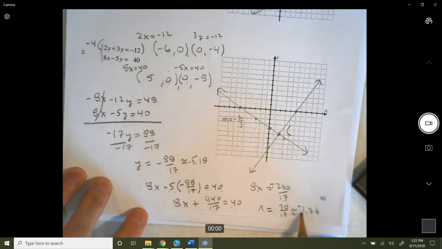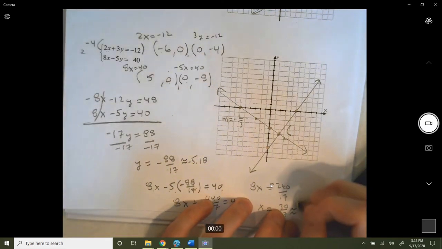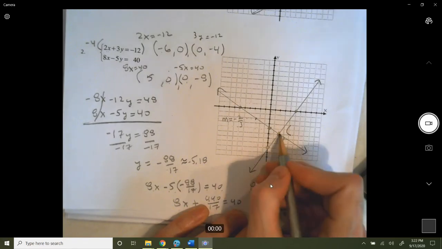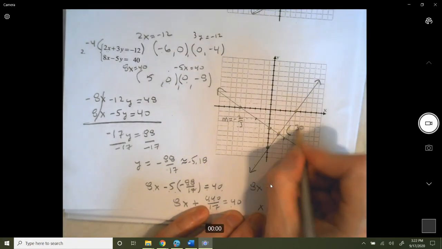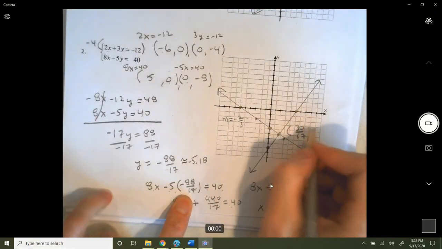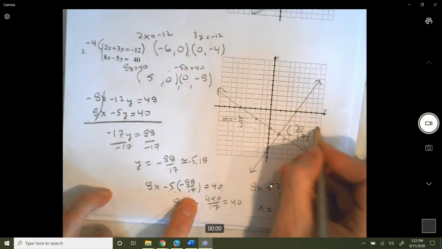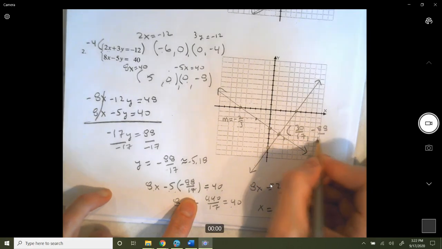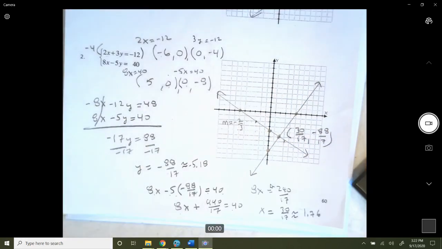Oh yeah, that should be positive. Sorry, that makes sense that that's positive. That's our x value. So over here, that makes sense. So 30 over 17, comma, and then we've got negative 88 over 17. Okay, and there's our point of intersection.